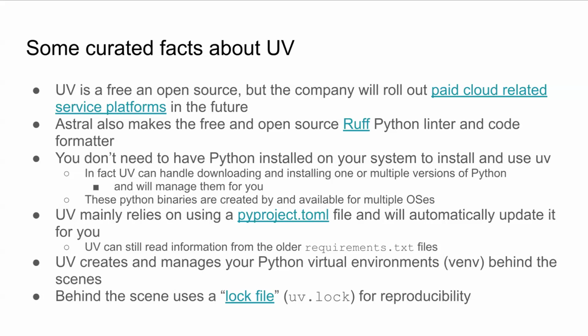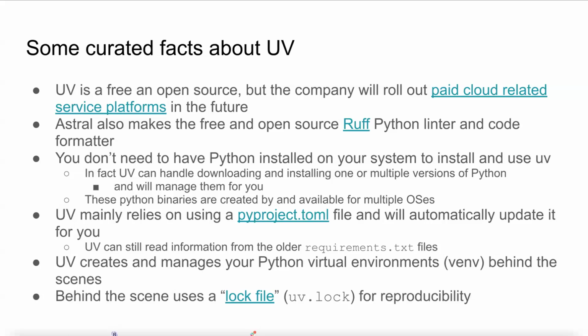And next topic, Andromeda mentioned that UV relies on this more modern way to manage project dependencies and other information, which is called the pyproject.toml file, and it automatically updates it for you. There are some things you can go in to update, like the name of your brand new project and the copyright, but a lot of things pyproject would update for you, so you don't have to learn that syntax.